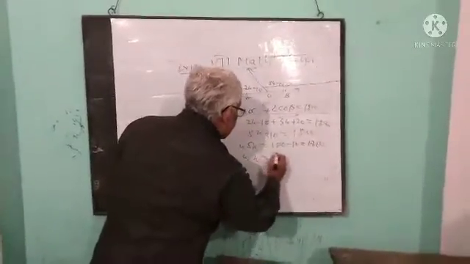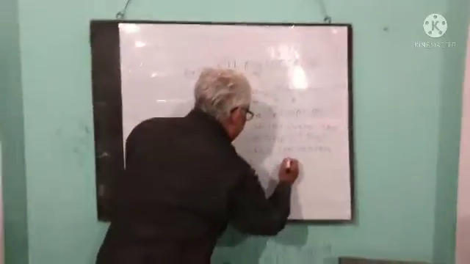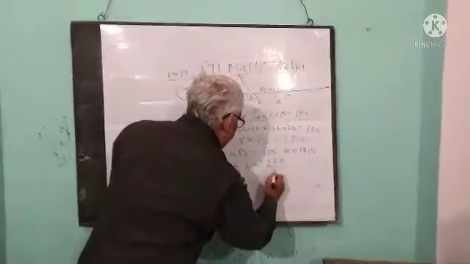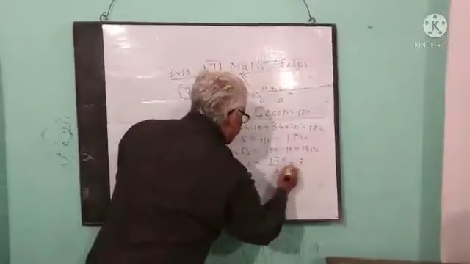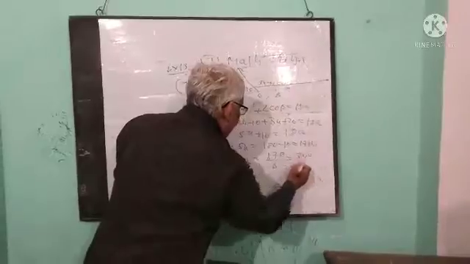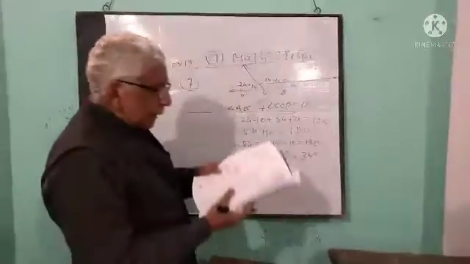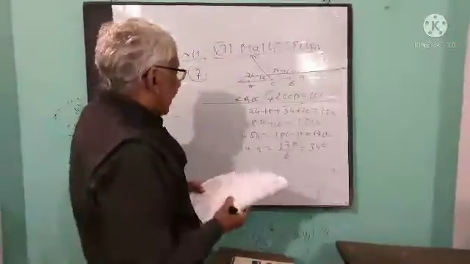Or x is equal to 170 by 5, which is 34 degrees. You are asked to find the value of x. You got it. Hence it is the answer.